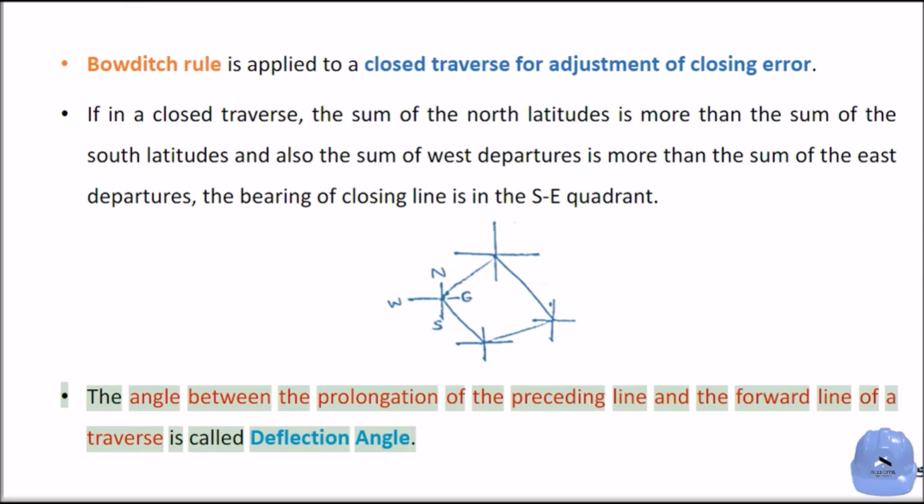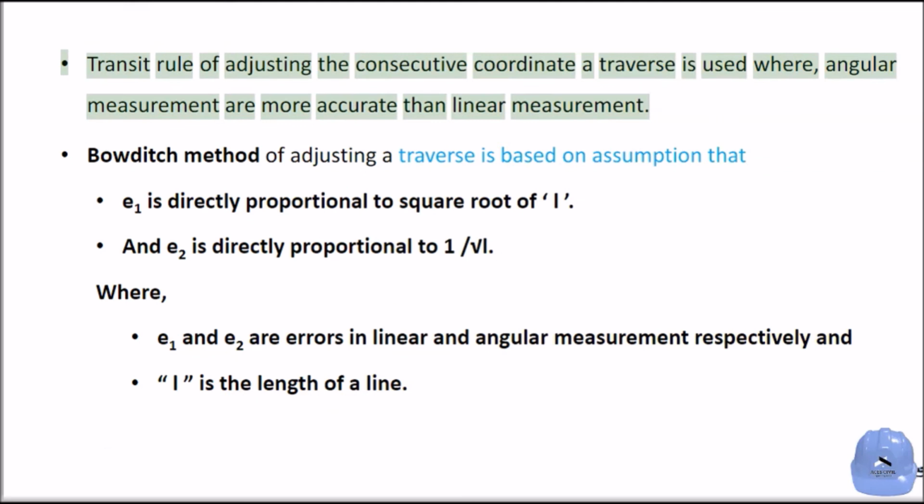The angle between the prolongation of the preceding line and the forward line of a traverse is called the deflection angle. Transit rule of adjusting the consecutive coordinates of a traverse is used where angular measurements are more accurate than linear measurements.